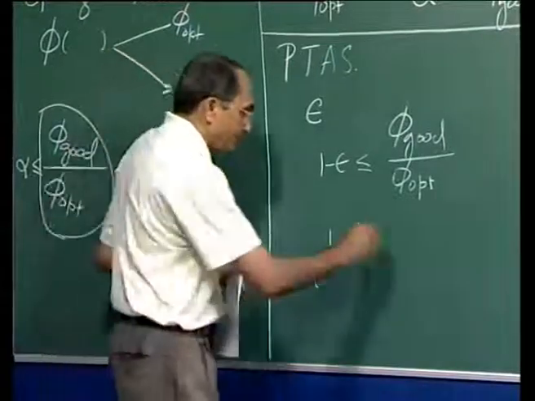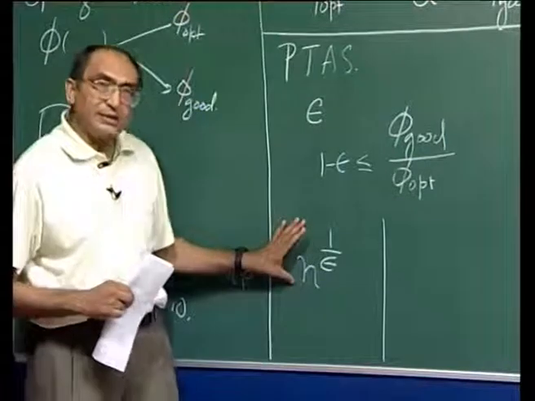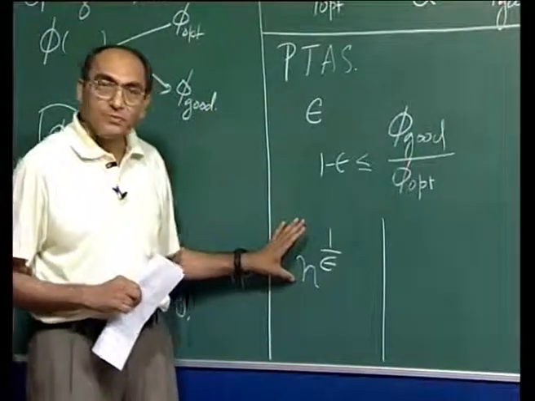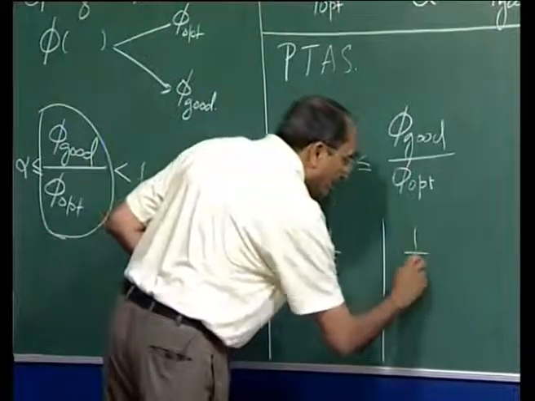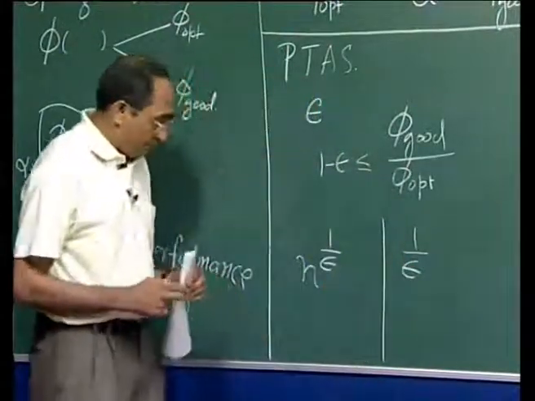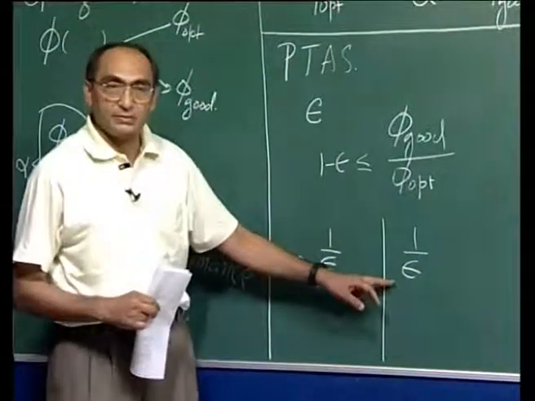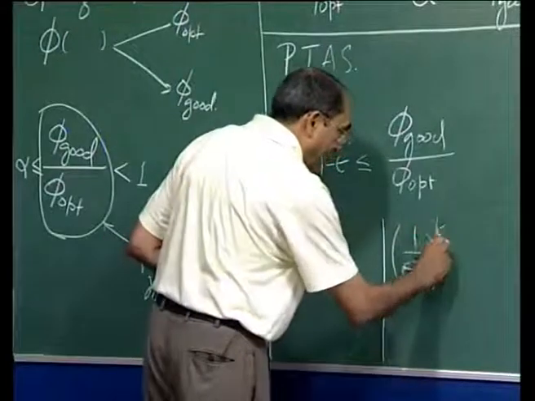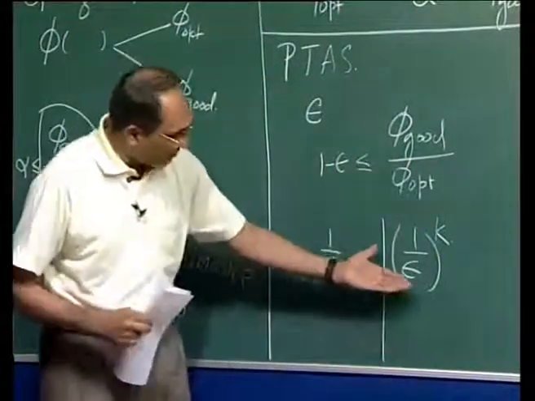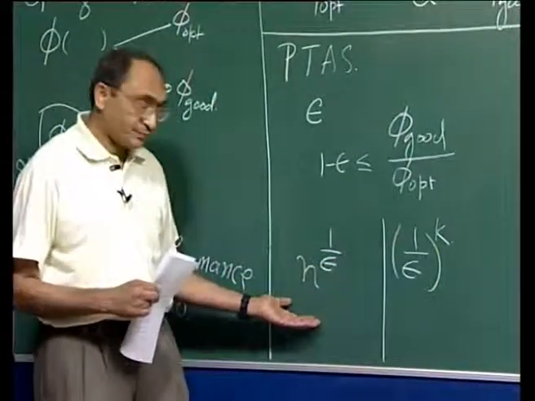In case the time complexity is not of this form, although it is a function of 1 over epsilon, but maybe some polynomial of this, maybe something to the power k occurs in the time complexity, which is not so bad as this one.